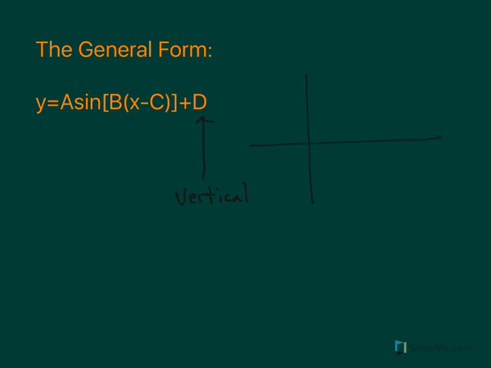So if you start with a sine wave, and if you look at your 5 key points, and let's say it was a basic sine wave, y equals sine of x plus 1, then that means all your points are going to shift up 1 unit.